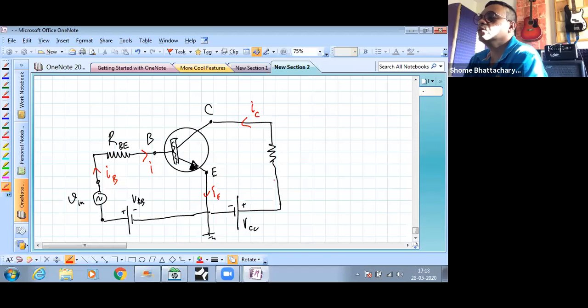So the current that is going through the load resistor we saw is now becoming a fluctuating quantity, and to that end we saw that delta IC by delta IB was equal to beta. So that is nothing but the amplitude of this current, which we are calling the I output, divided by the amplitude of this current drawn from the voltage source, which is I input, is becoming beta. That's what we've seen so far.